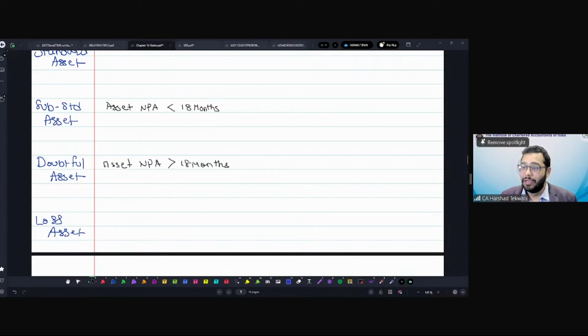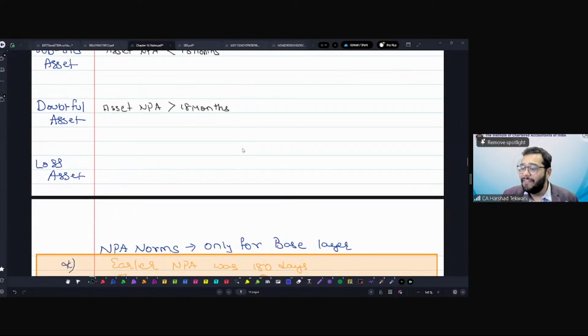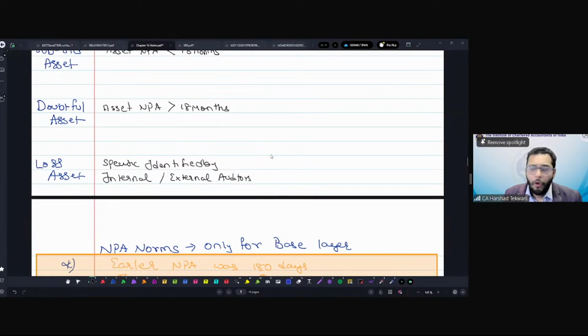Then what is a loss asset now? Loss assets are the assets identified by internal or external auditors, where you have a threat of non-recoverability, either the value of security has eroded or there is some issue, there is a fraud.